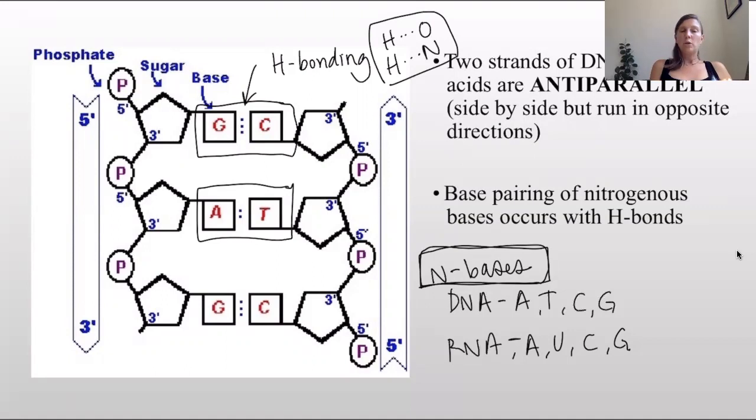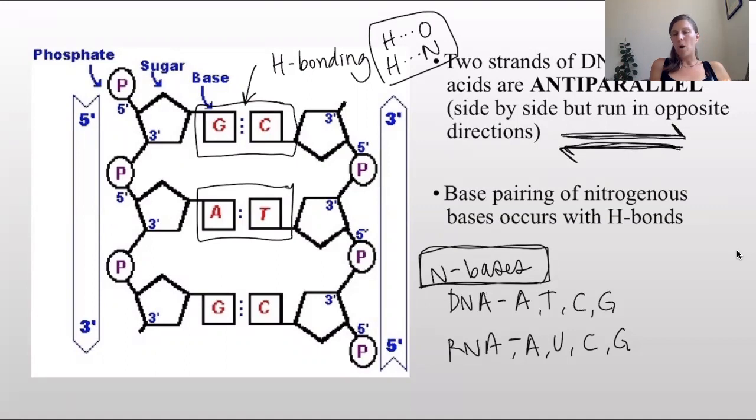All right, so if we look at the structure of just DNA, the two strands of DNA come together in a form which we call anti-parallel. They're side by side, like railroad tracks, but they're pointed in opposite directions, right?